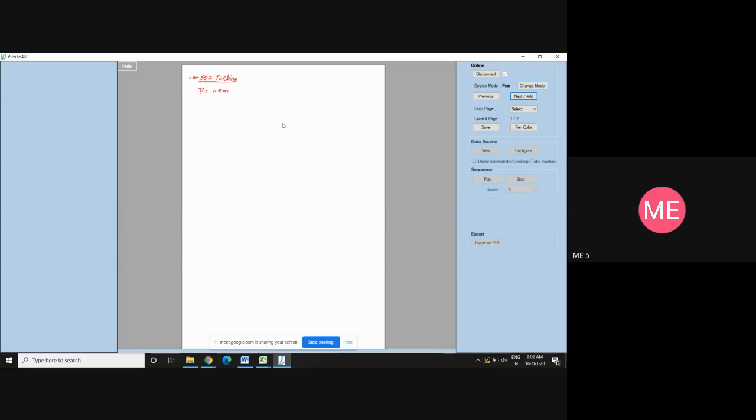See here he has not given D1 and D2. Let me take this D itself as DM. And the speed ratio U by V1 is 0.72, and beta 2 is equal to 20 degree. Speed of the rotor N is equal to 3000 RPM.